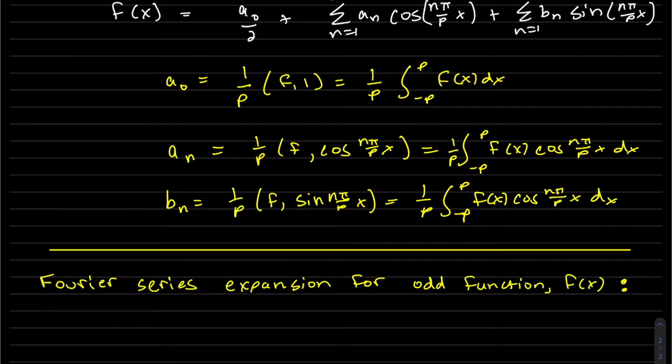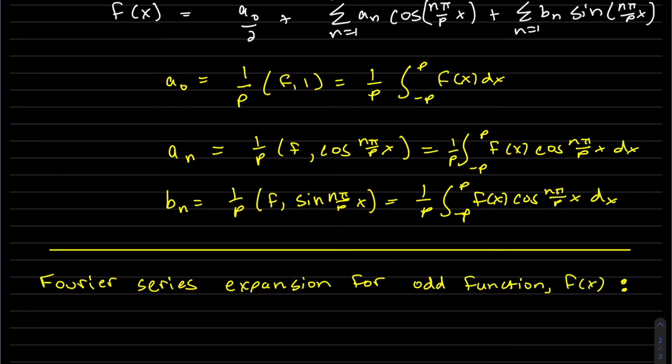So we did an example of an odd function on the last video. You can see here, if f of x is odd, and we do our inner products of our constants, well then this will zero out. So a naught is 0.